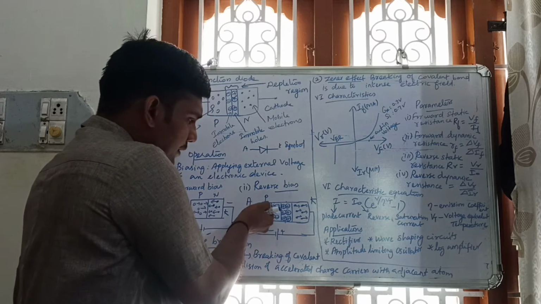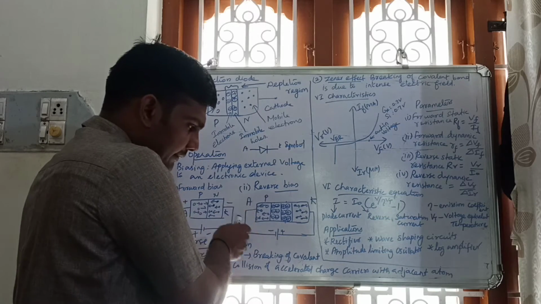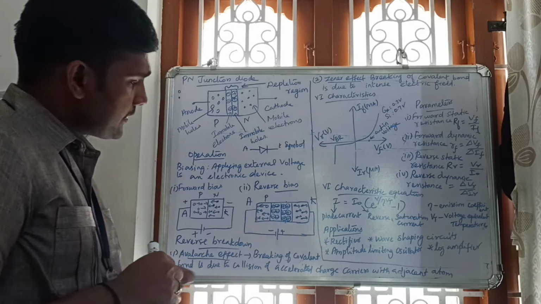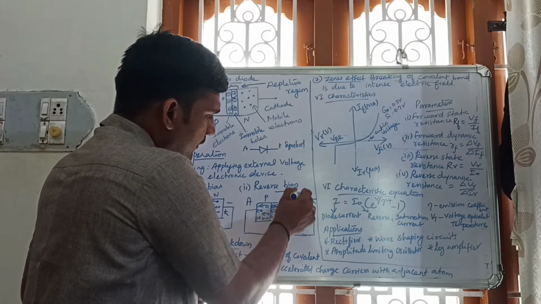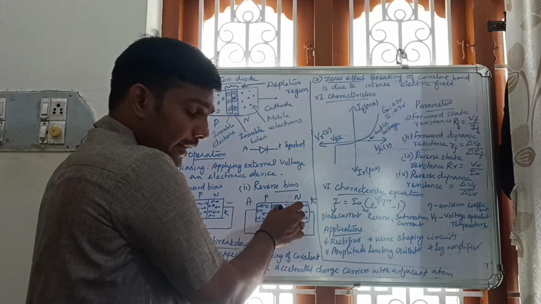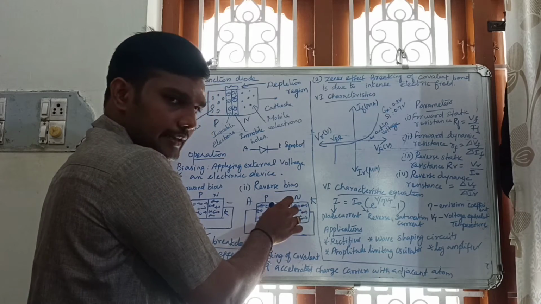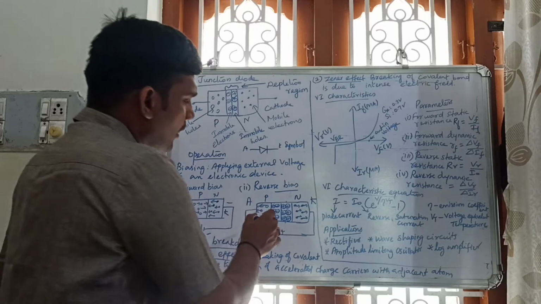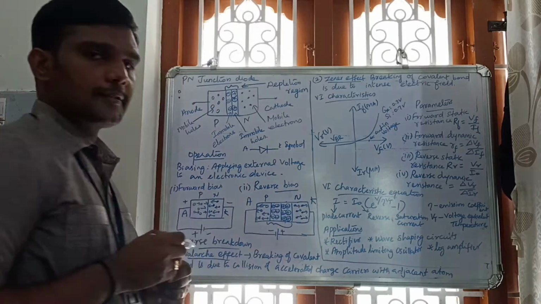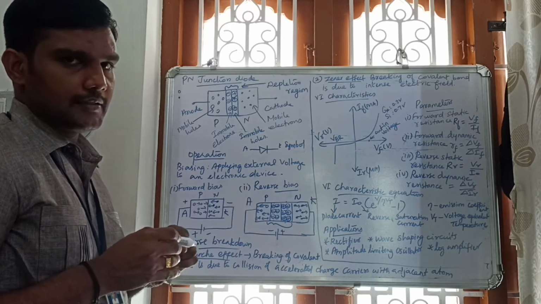So positive charge carriers, holes, are attracted by the negative supply. Similarly, in N-type region, the majority carriers are electrons. They are negative charge carriers which are attracted by the positive supply. So the width of the depletion region increases. So it does not conduct.